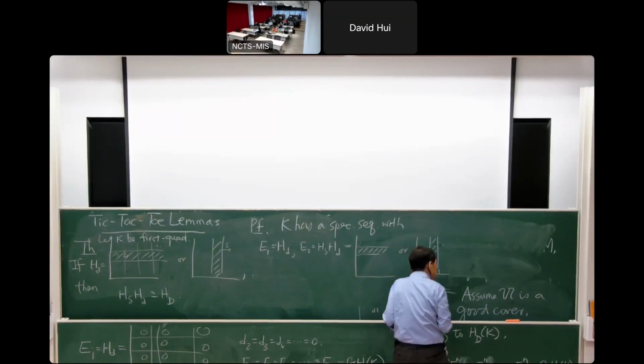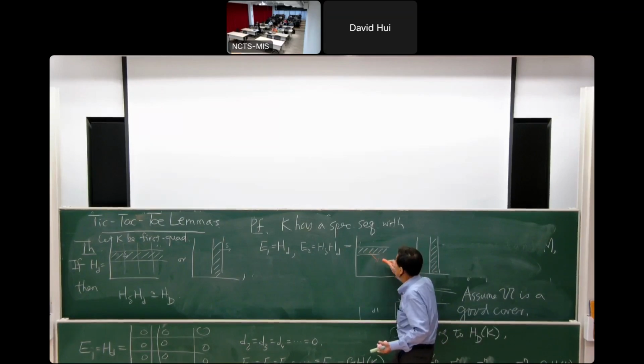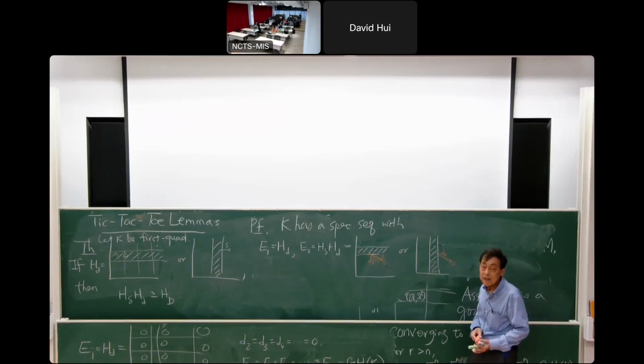And then, you know that D2 goes down 1 and across 2. And here D2 goes across 2. So D2 is 0, D3 is 0, and so on.